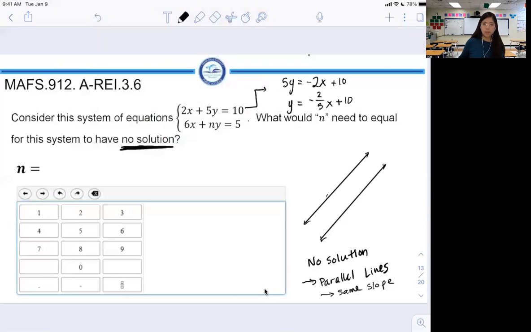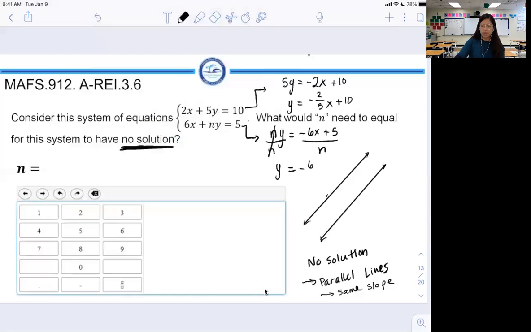Okay, so now let's look at the bottom equation. I'm going to move the 6x over, so that would leave me with ny equals negative 6x plus 5. And I would want to divide by n, right? But we don't know what n is yet. However, we know that whatever n ends up being, the slope has to be the same.